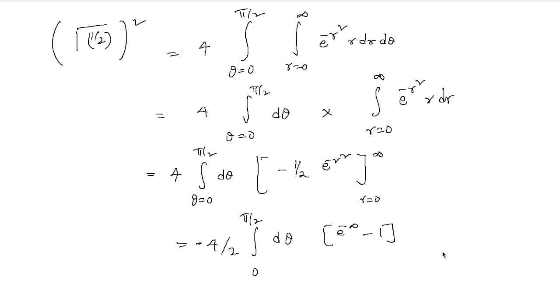Which is equal to, after simplification, 2 times the integral theta 0 to pi by 2 d theta, which is equal to pi, or gamma half is root pi. Hence we have shown that.